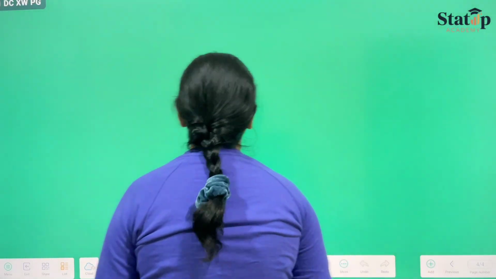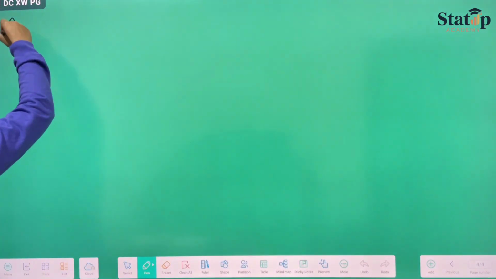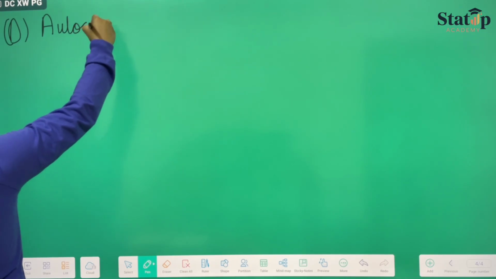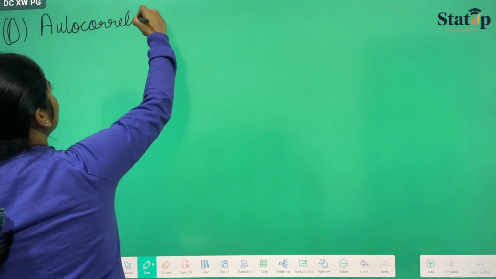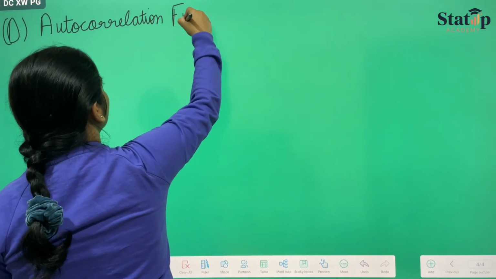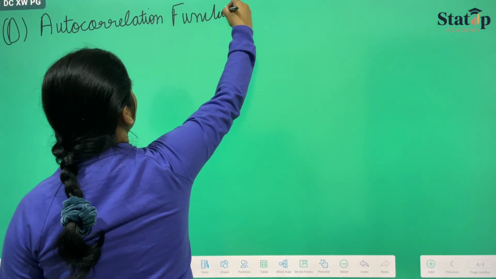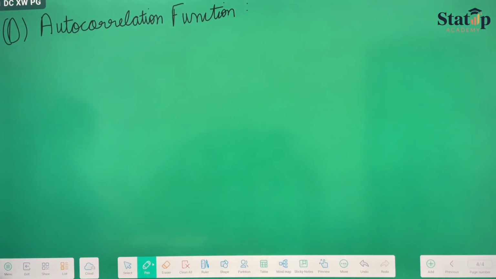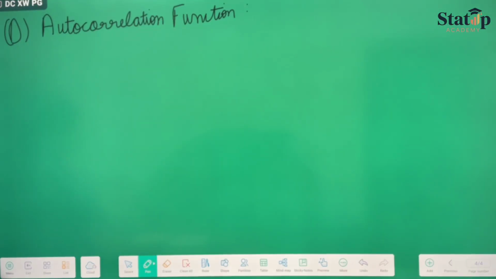Now the next term is the autocorrelation function. What is the autocorrelation function?